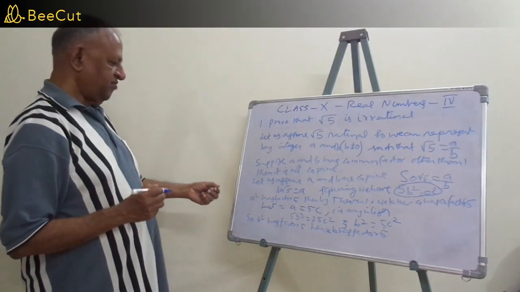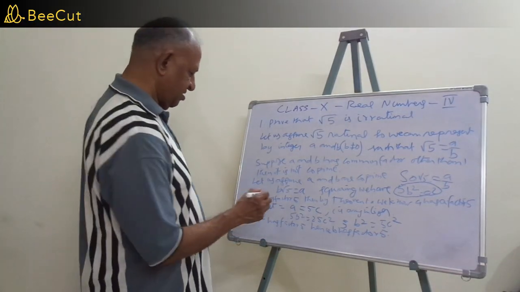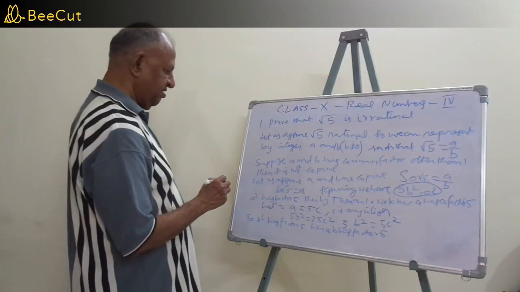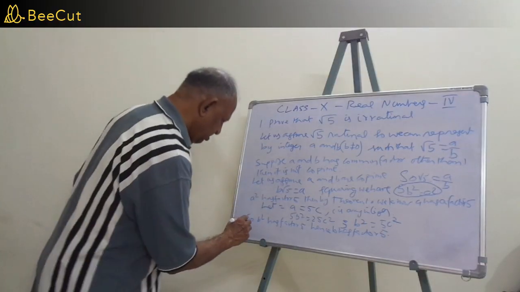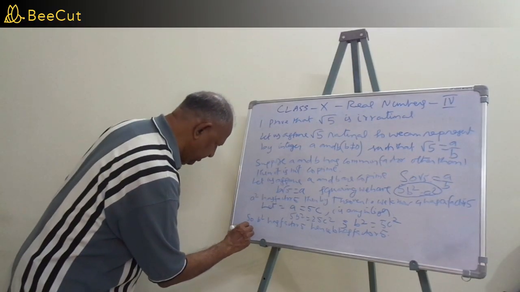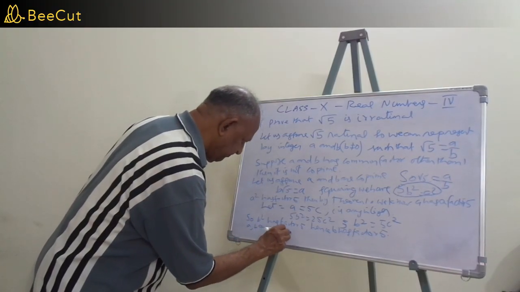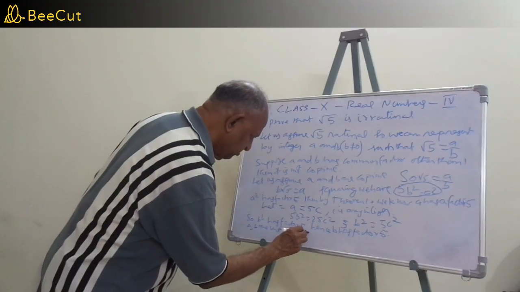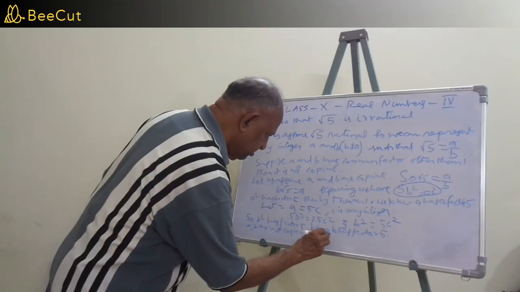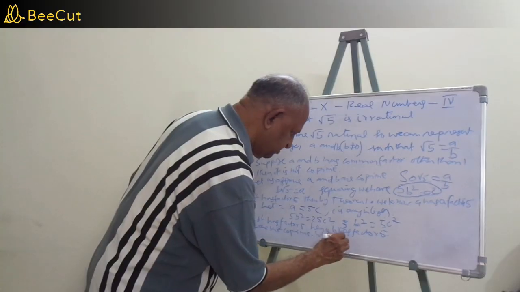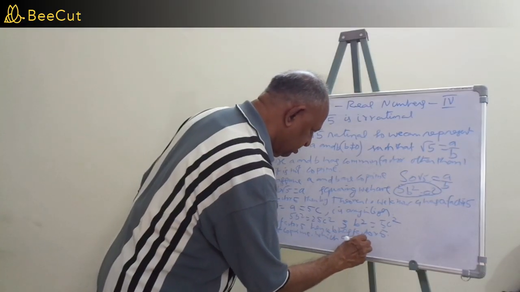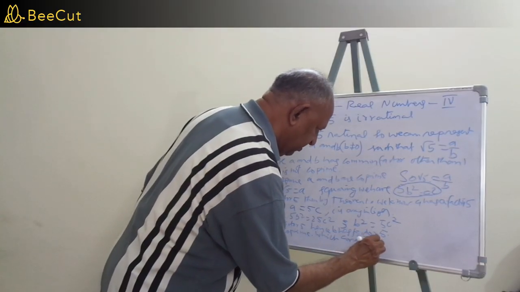So both a and b have a common factor 5 other than 1, so a and b are not co-prime, which contradicts our assumption.